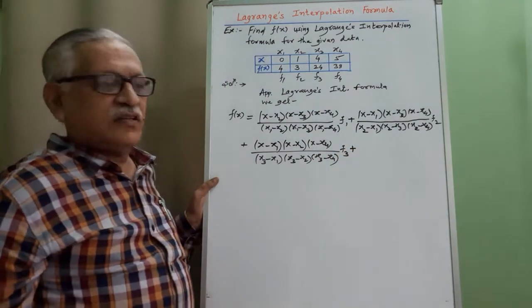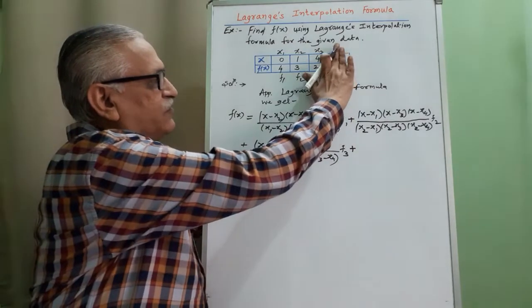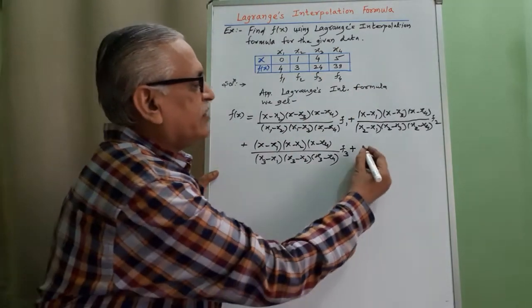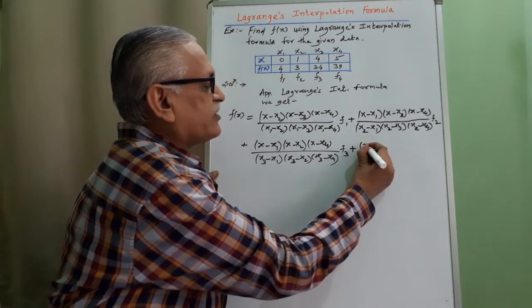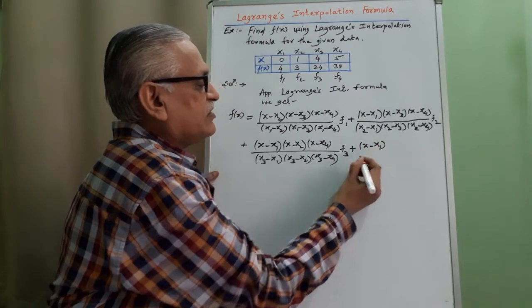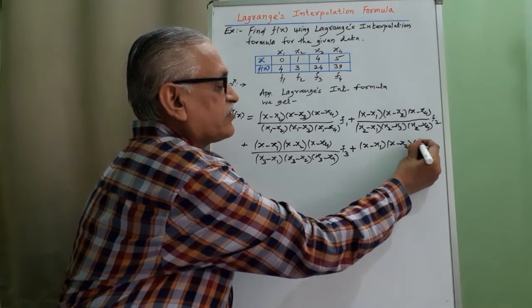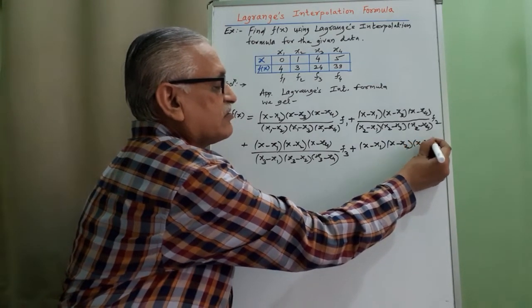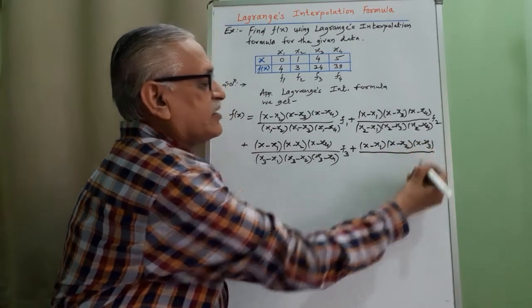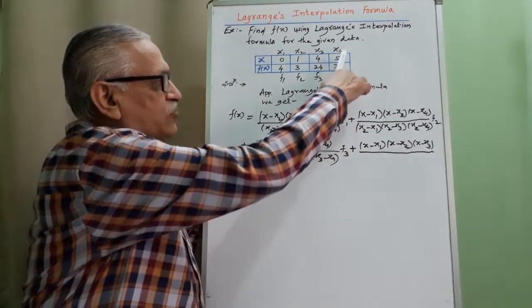Plus, the fourth time, neglecting the fourth point x4, we get the product as x minus x1, next x minus x2, next x minus x3, whole divided by the neglected point, here x4.